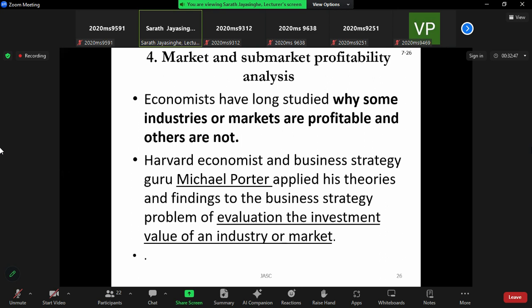So I think you have heard and learned under strategic management Michael Porter's model used for market analysis, evaluation of the investment value of the industry or market, right? Michael Porter applied some model. What do you call it? What is this Michael Porter's model?